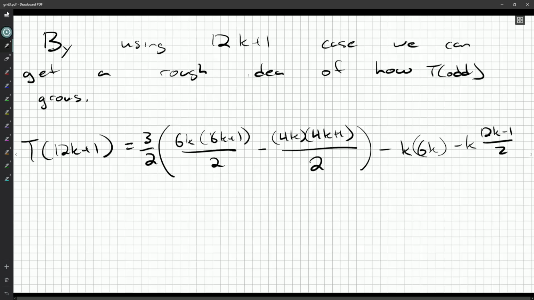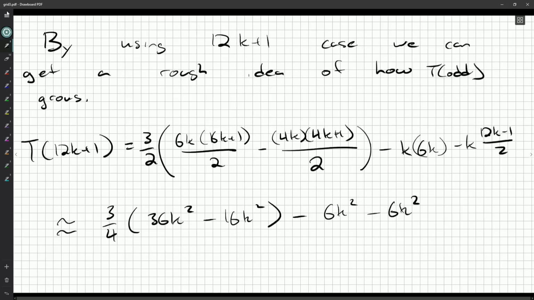Now I want things like this to roughly be bigger than 2010. So roughly this is 3/4 times 36k squared minus 16k squared minus 6k squared minus, again, roughly 6k squared.